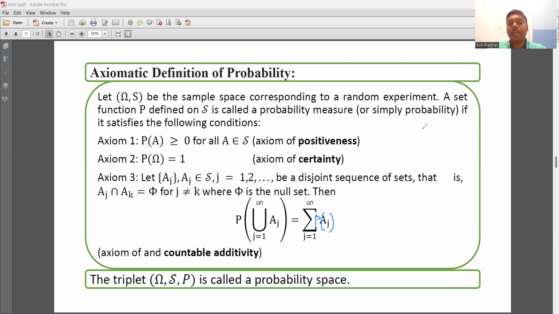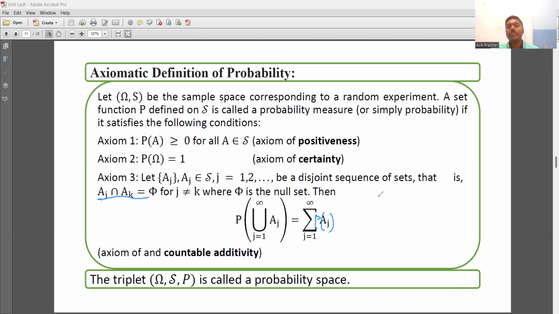The third axiom, the axiom of countable additivity, says that if I have a countable disjoint sequence of sets A_j, then the probability of the countable union of those sets will be equal to the summation of the probabilities of the individual events, where we assume those sets are disjoint or mutually exclusive.